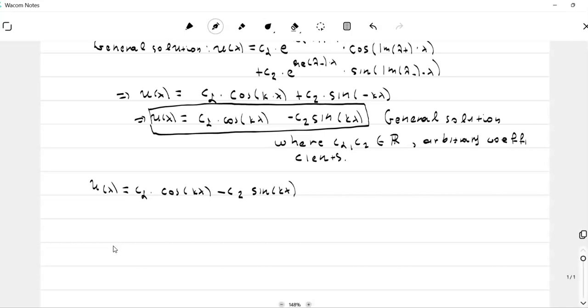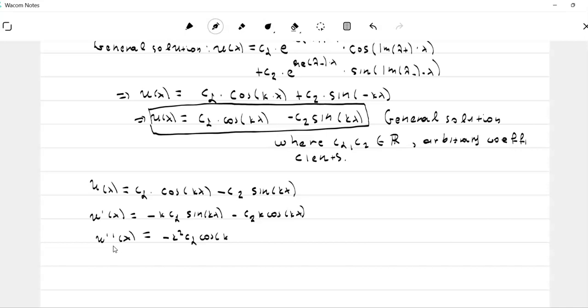I compute the first derivative, so this is minus k c1 sine kx minus c2 k cos kx. I compute the second derivative of the function. So this is minus k squared c1 cos kx plus c2 k squared sine kx.